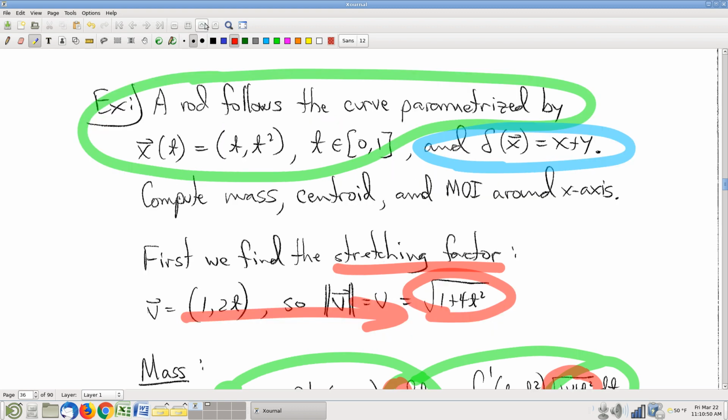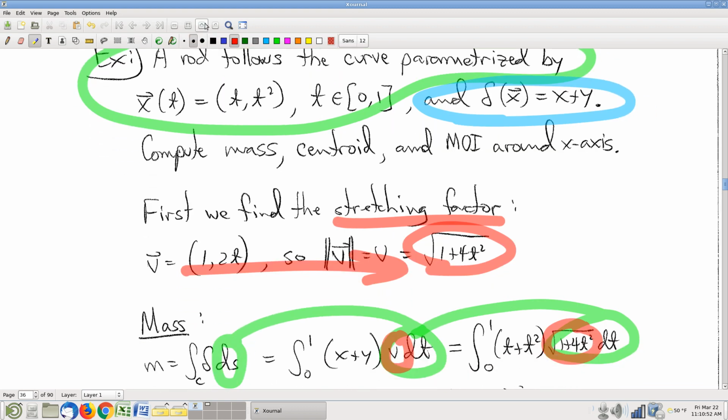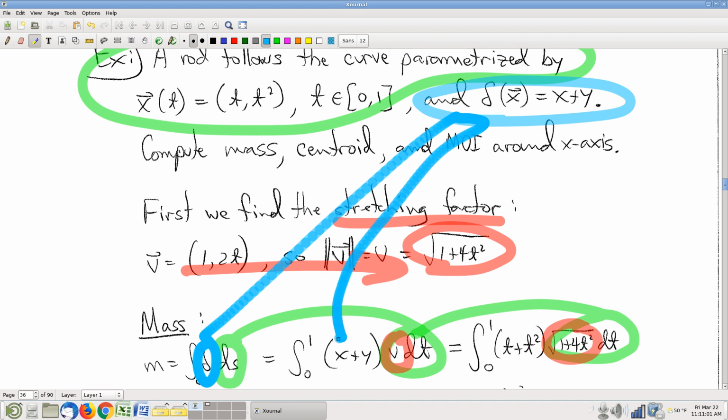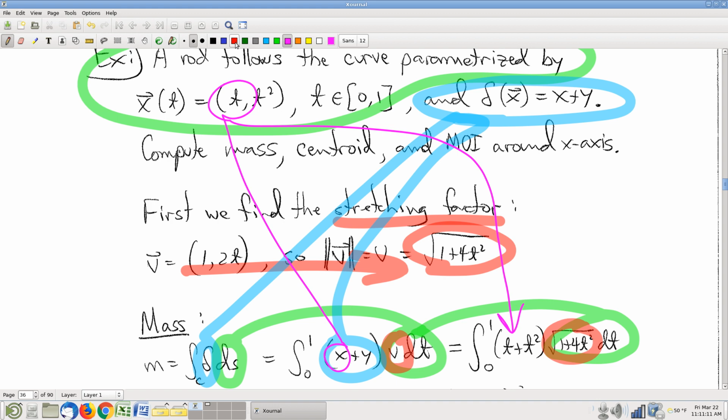Let's see here, real quick. What do you do with this x thing? Well, so density is x plus y. What do you do with the x? Well, don't forget that x is t. Don't forget that y is t squared.